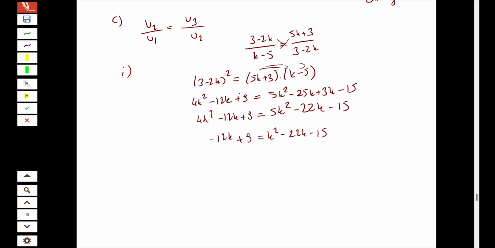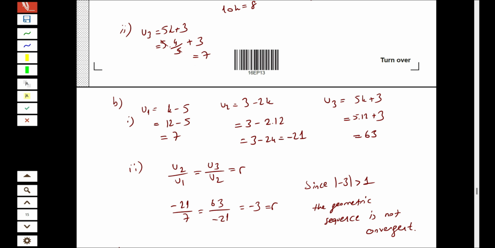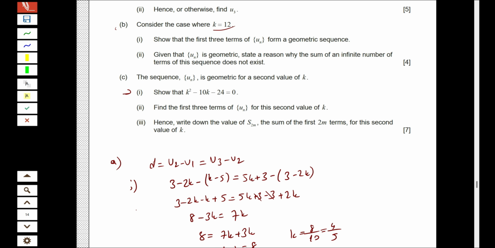And again, I will add 12k to both sides and subtract 9 from both sides. So the left side will be 0 and the right side will be k squared minus 10k minus 24, right? So we found this expression in here.